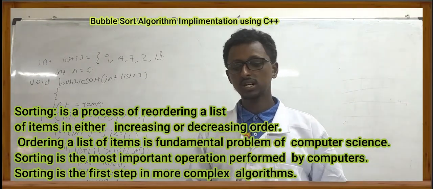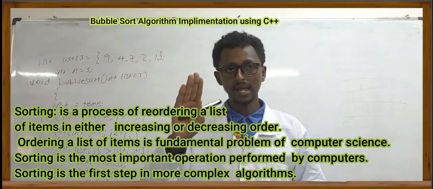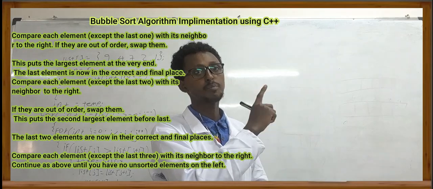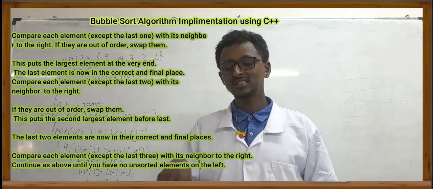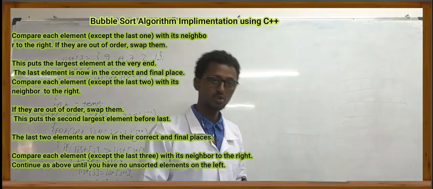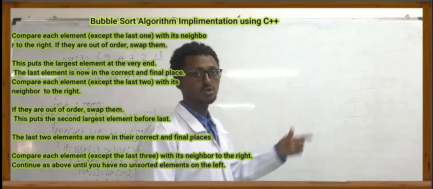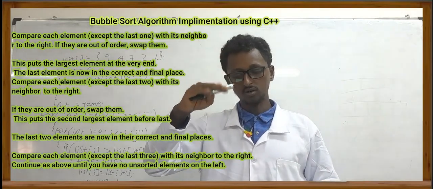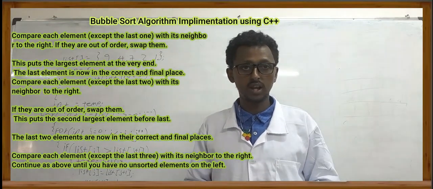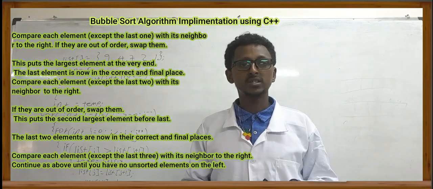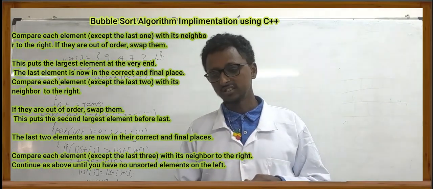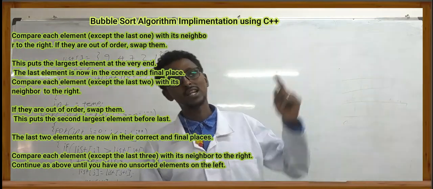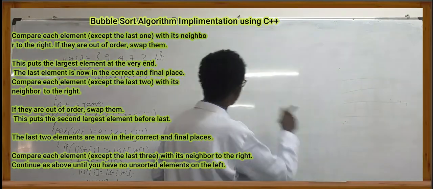Bubble sort compares each element except the last one with its neighbor to the right. If they are out of order, we swap them into their correct position. This puts the largest element at the very end.